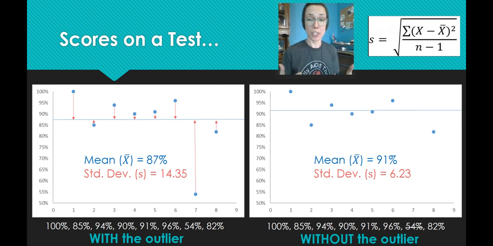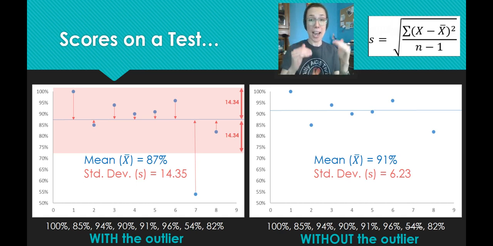So what standard deviation is doing is calculating the distance between each of your individual scores and the average, the mean, and then averaging all of those distances together. So when we see a standard deviation of 14.35, it's telling us that on average, all of our scores were about 14.34 points, percentage points in this case, away from the mean.